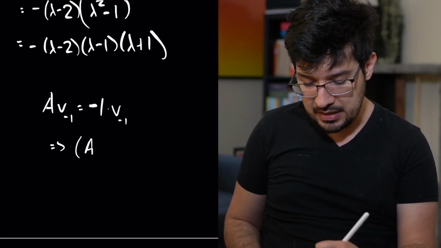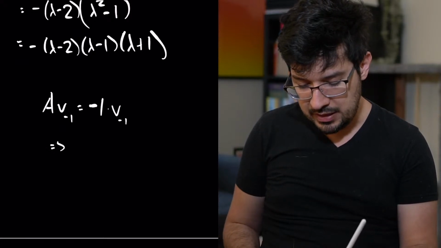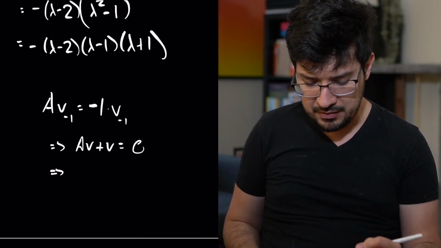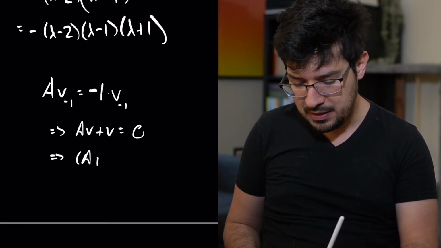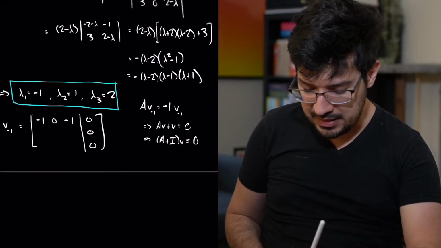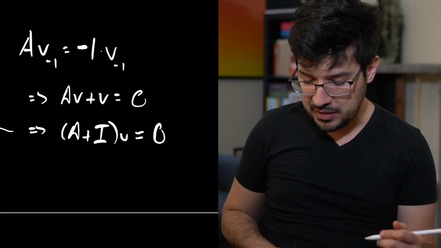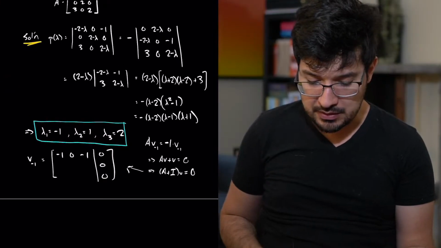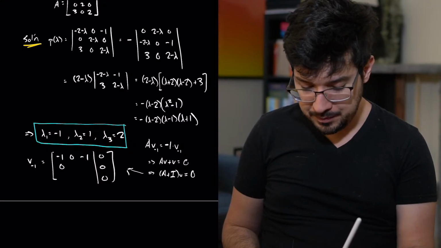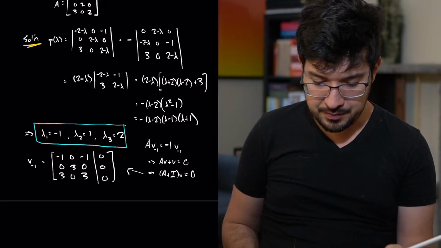Then we get Av plus v equals 0. And then we can factor this out as A plus I times v equals 0. And now we're solving that system of equations. So I'm adding the identity matrix to our original matrix A: 3, 0, 3.